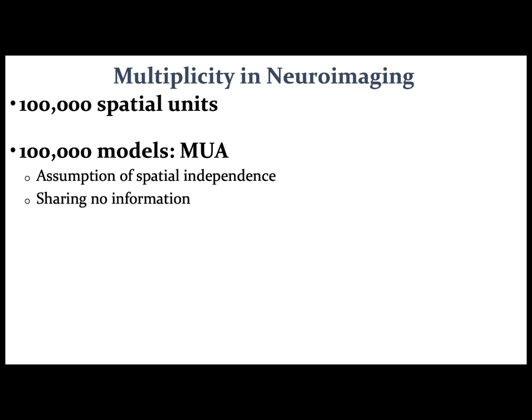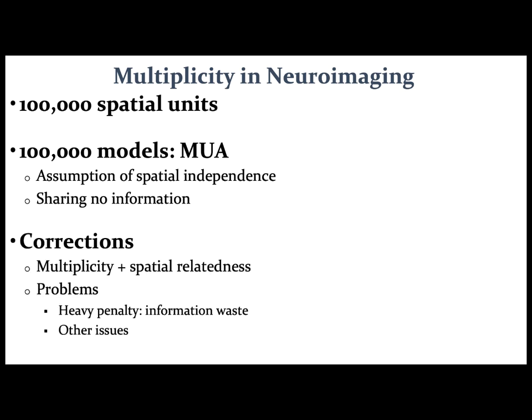With those assumptions, we go ahead and solve the model, typically a general linear model. Then once we have the result, we need to go through this ritual called multiple comparison correction. If the first assumption, spatial independence, holds, then we would adopt, for example, Bonferroni correction.